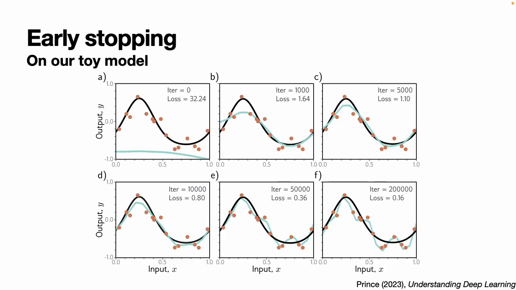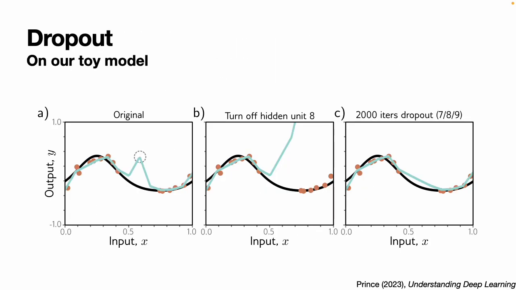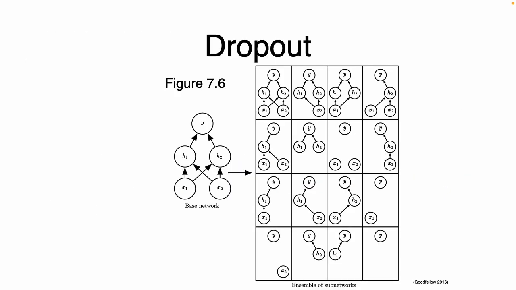The last one that I want to talk about is dropout. And the idea of dropout, and I'll give you this in the assignment as well, is, remember that every time you take a step, you're evaluating something about this network.